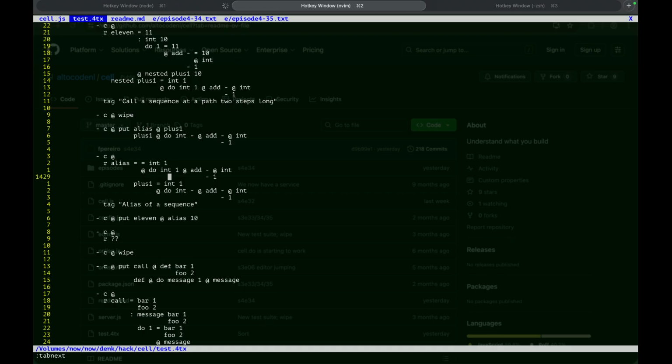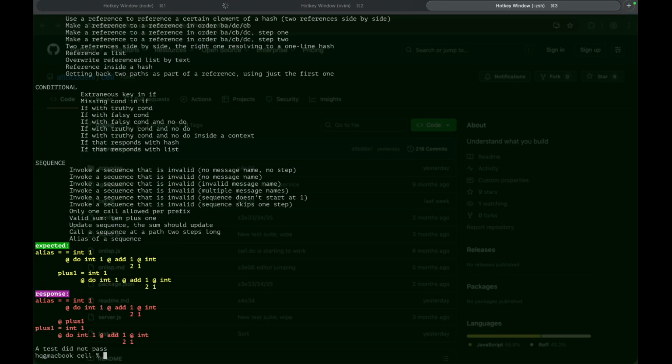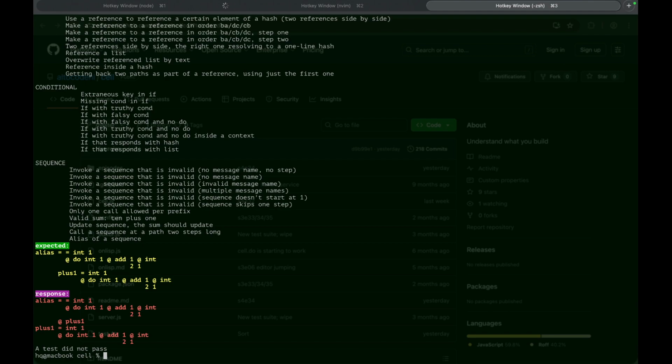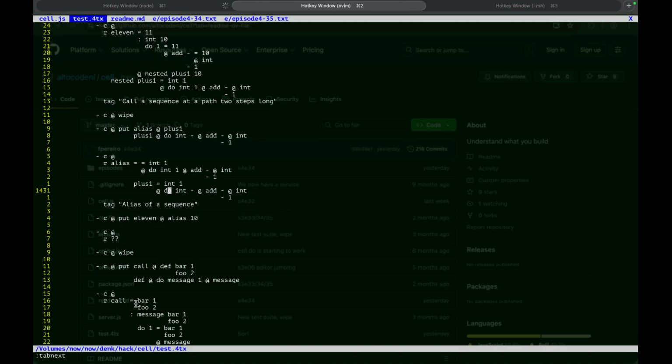I was missing this, right? What's the issue here? I can't spot the difference. This one at +1.